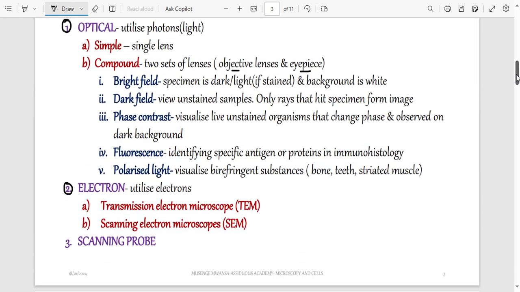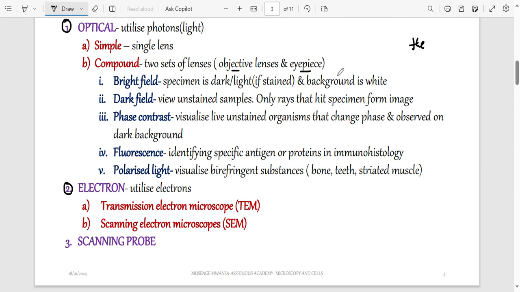If you want to go a bit into details, those compound microscopes can also be of different categories. You can have bright field microscopes, dark field microscopes, phase contrast, fluorescent, polarized. If you hear of bright field, when you are looking at something, the background, you can see my board. My board is white here. So if I use a black marker, you can see. Now imagine that the board was black.